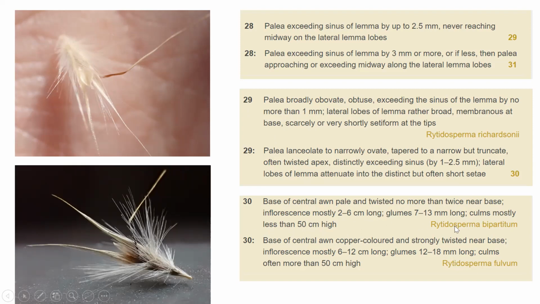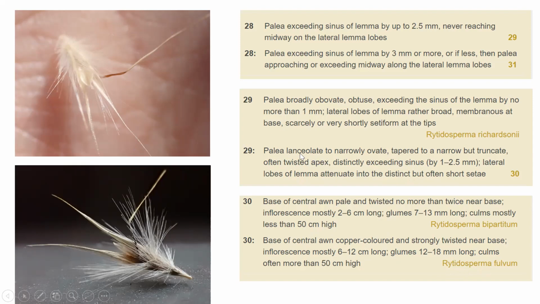The size of the whole inflorescence is important, and the length of the glumes. I don't have photos of those, unfortunately. So this one is not pale and it's tightly twisted. That takes me to fulvum, which I believe this species is. I just missed one point in this step back.